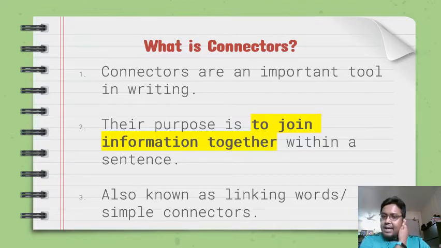Connectors are also known as linking words or simple connectors. The other term for connectors is cohesive devices.